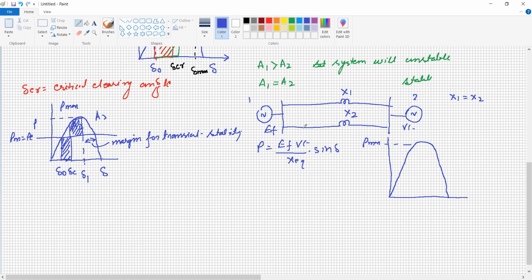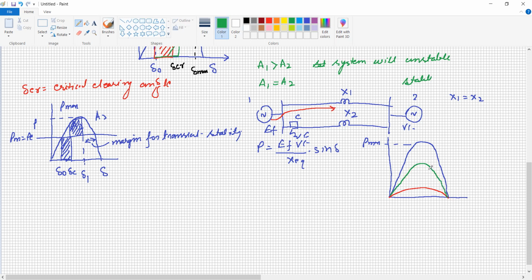Okay, now suddenly a fault occurs over here. The circuit breaker is going to open, and during the fault condition the power reduces to a small value. Okay. And now the circuit breaker is open, so the power is going to be transmitted by a single line. Under such condition, this is the curve under single line, isn't it?